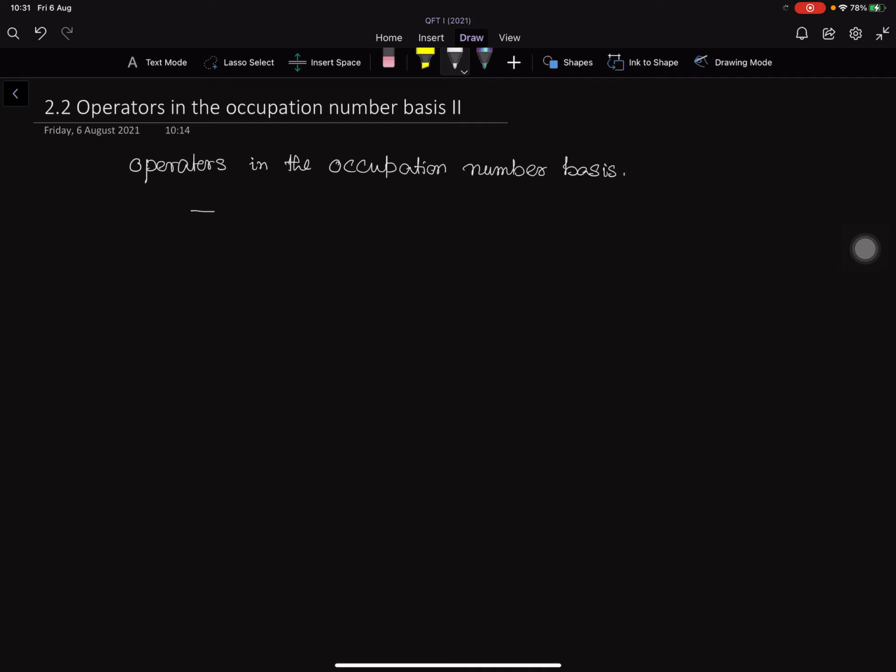And in the previous lecture, we discussed single particle operators, which means the operators which are just inherited from the Hilbert space of single particle states. So now we will generalize the discussion to multi-particle operators and more general operators.